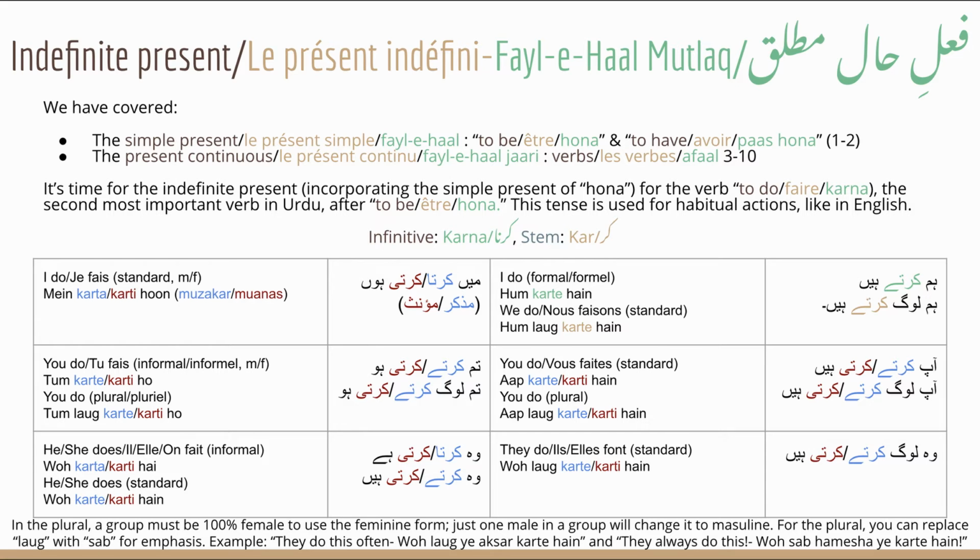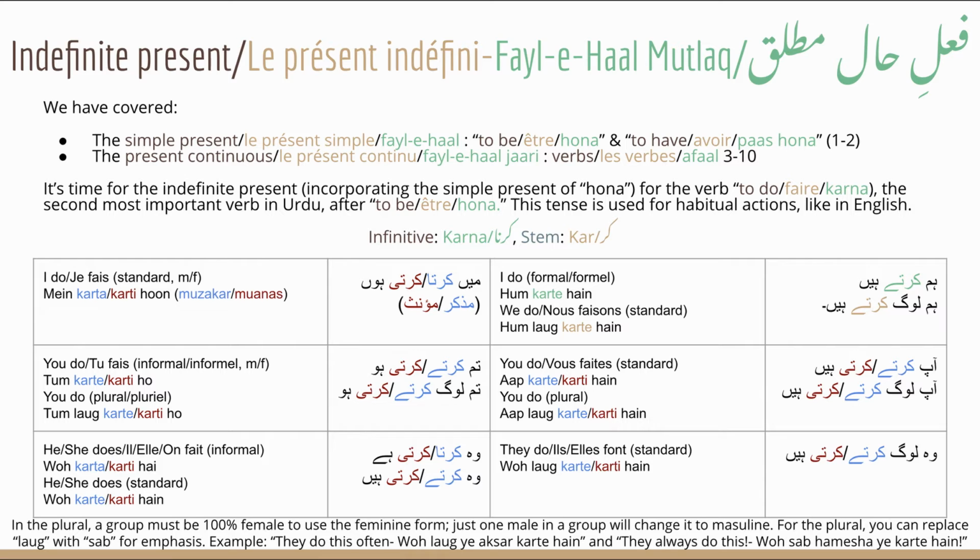Then you do informal. तुम करते हो, तुम करती हो. You do plural of informal. तुम लोग करते हो, तुम लोग करती हो. He or she does informal. वो करता है, वो करती है. He or she standard. वो करते हैं, वो करती हैं.